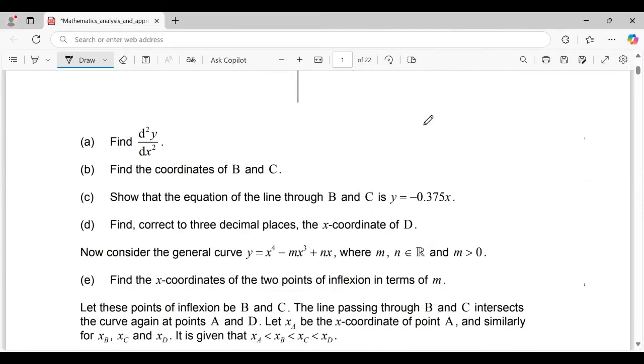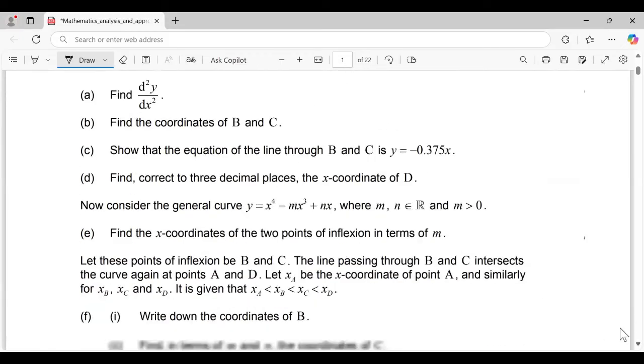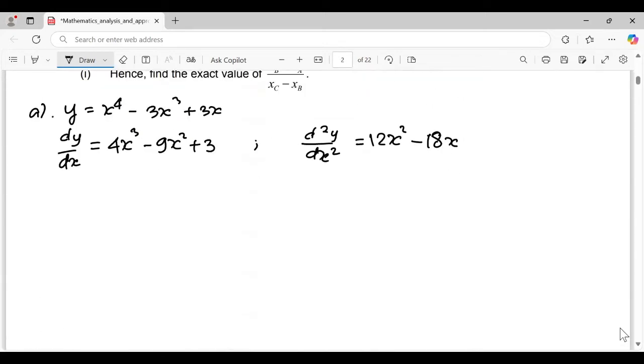Part B. Find the coordinates of B and C. If you look at this graph, coordinate point B is 0, 0, the origin point. Now we're going to find C. C is on an inflection point.